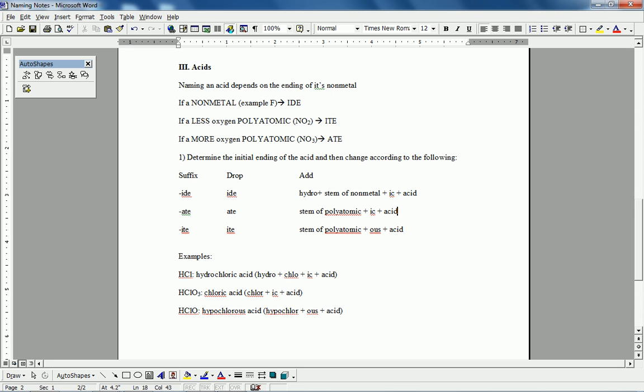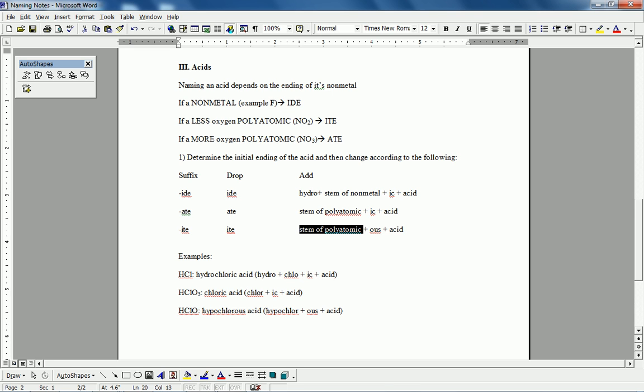And if we have a polyatomic ending in ite, we'll drop the ite, use the stem of the polyatomic that remains, replace the ite with us, just as we replace the ate up here with ic, and add the term acid. So again, we'll drop all the suffixes, keep the stems, the stem of the nonmetals, the stem of the polyatomics, and drop the ending.